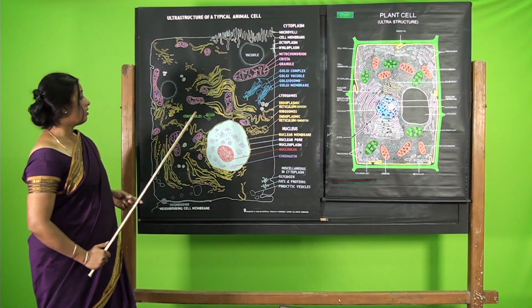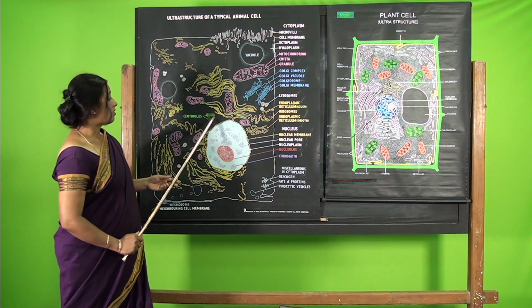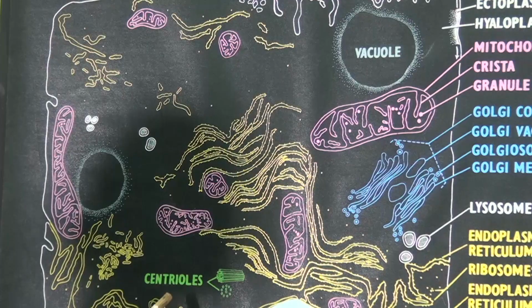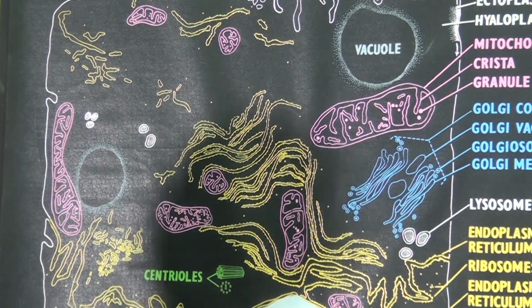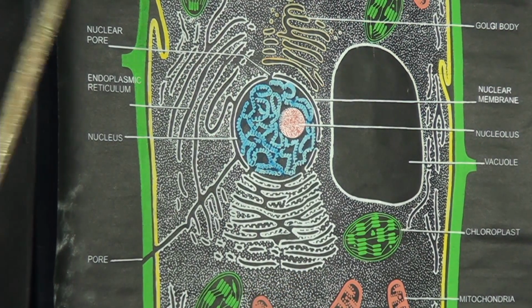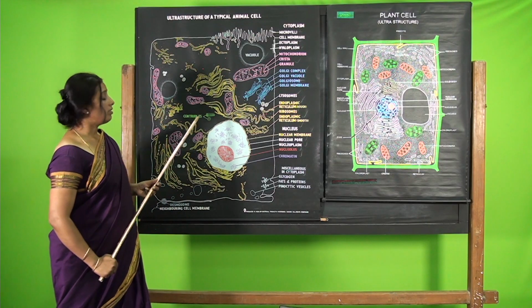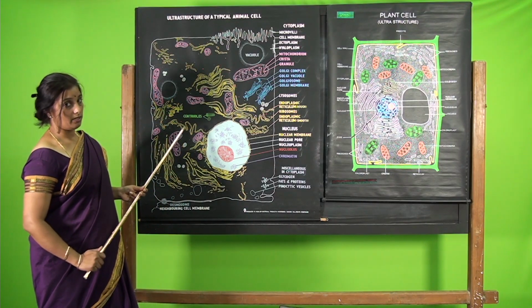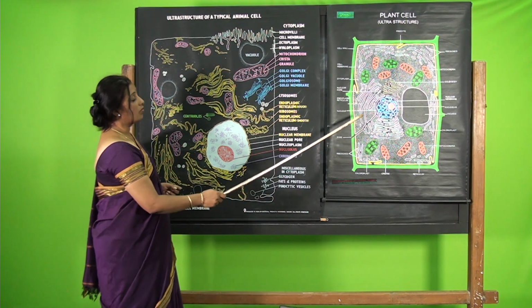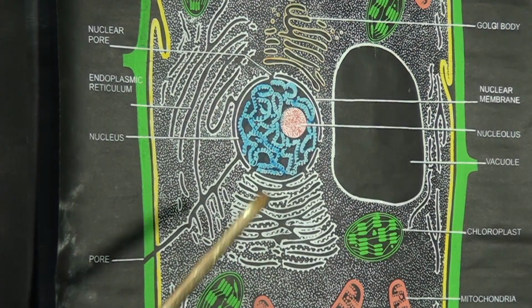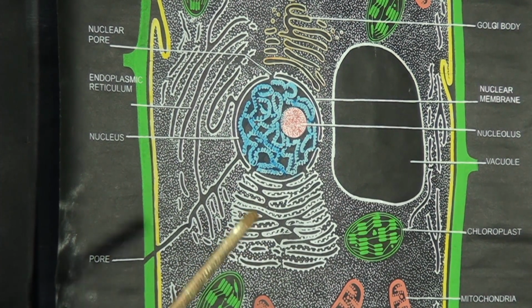One more difference is the presence of centrioles in the animal cell, which are absent in the plant cell. The centriole helps in mitotic division, whereas it is not found here, but some forms of lower plant cells could have it.